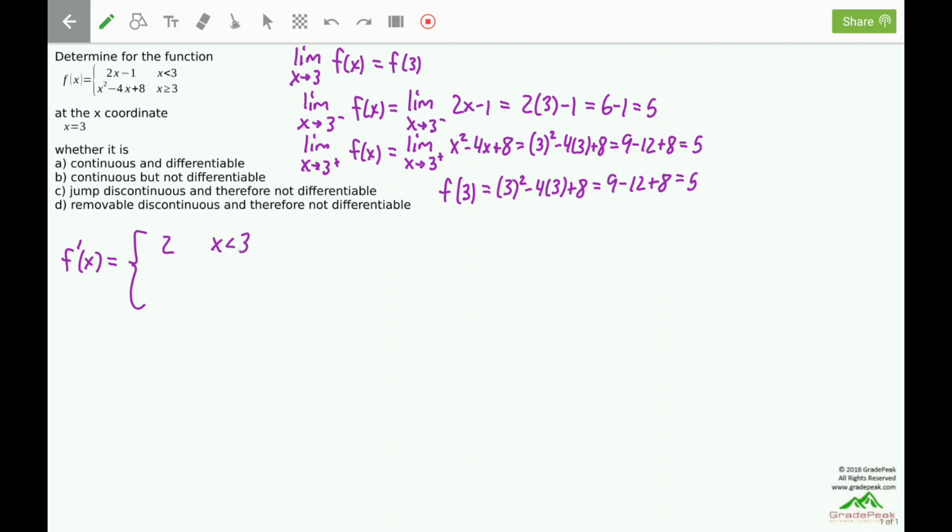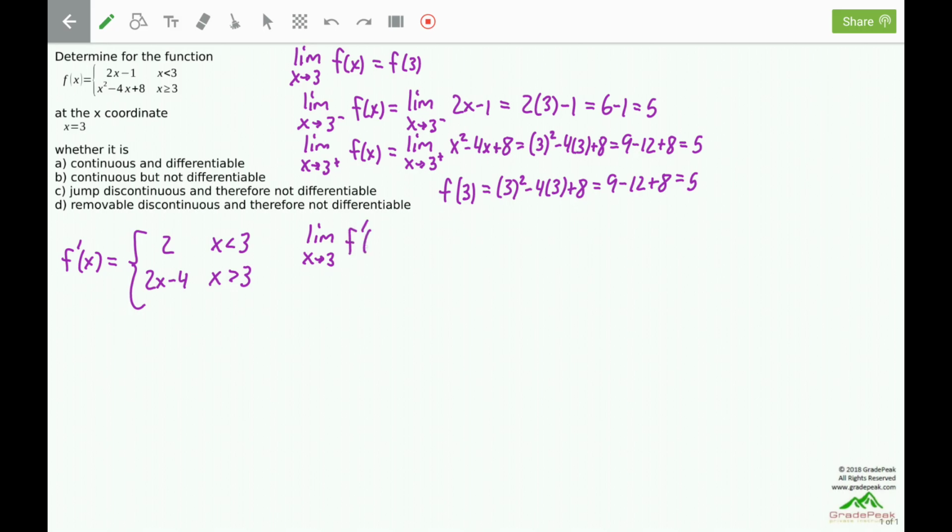And the derivative of x squared minus 4x plus 8 will be 2x minus 4 for x is greater than 3. We cannot put down equals to 3 just yet. You always have to keep these as simply less than or greater than until we see if this derivative is continuous at 3.